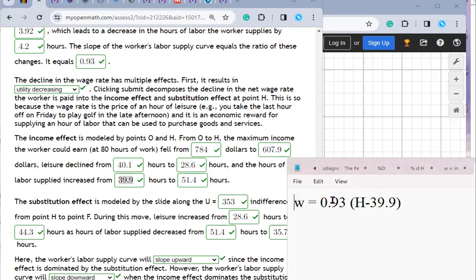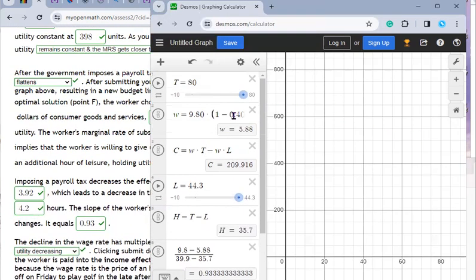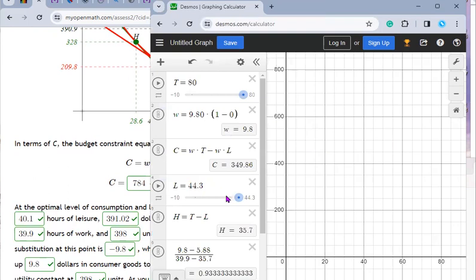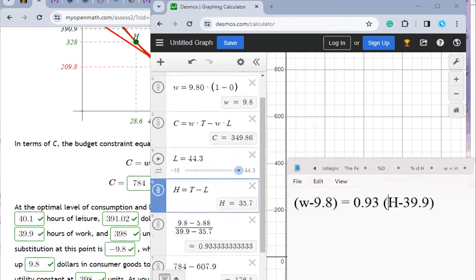And the wage initially was 9.8. So when the wage was 9.8, we'll go back to the original. When the wage was 9.8, leisure was 44.3, and hours worked were 35.7, right?